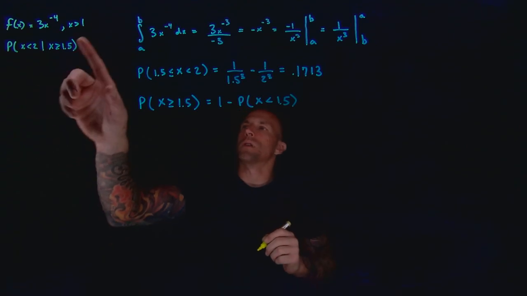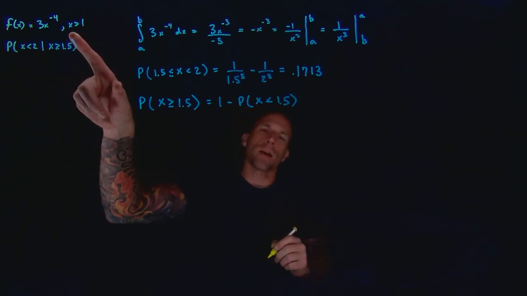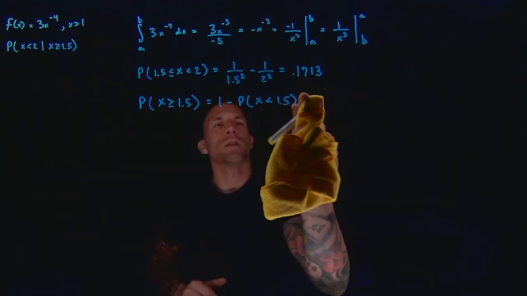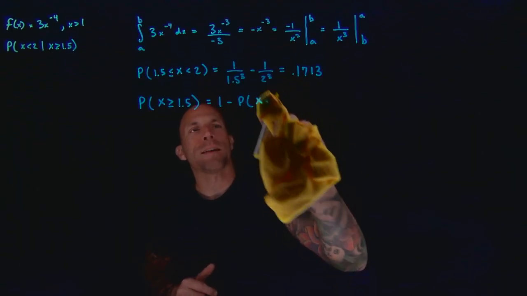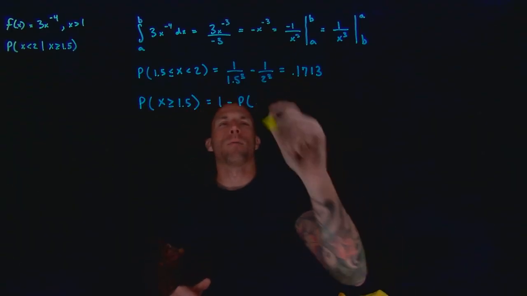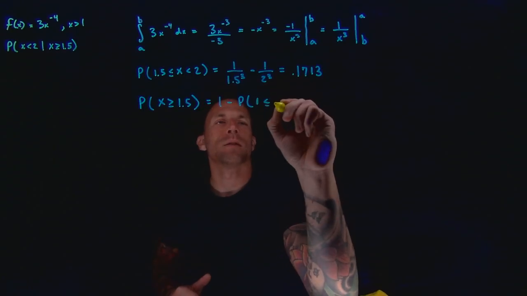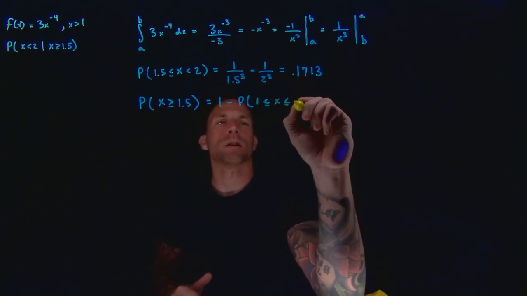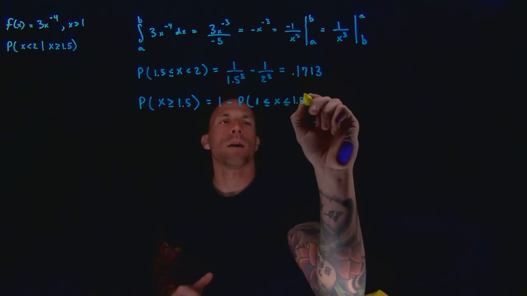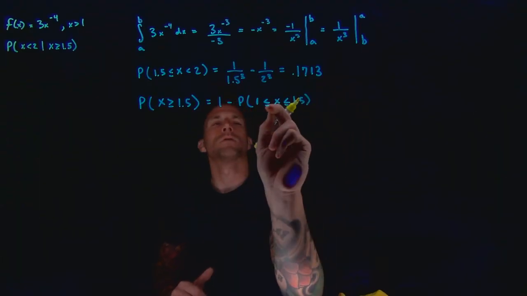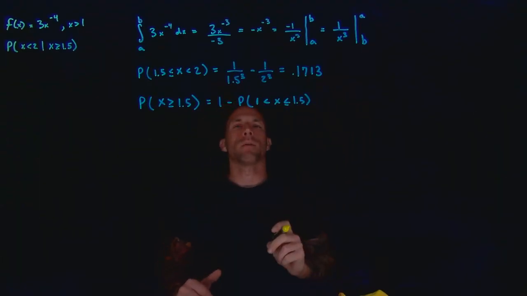But we have this constraint right here that x must be greater than 1. So we must account for that in our probability statement here. So we'll say 1 less than or equal to x less than or equal to 1.5, and I guess shouldn't be equal, strictly speaking, there.